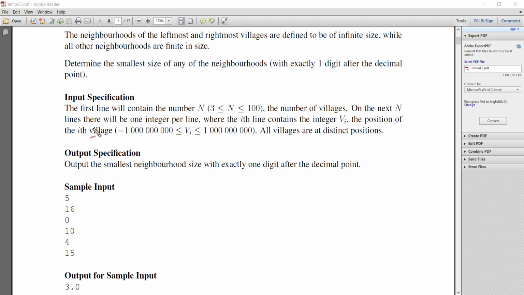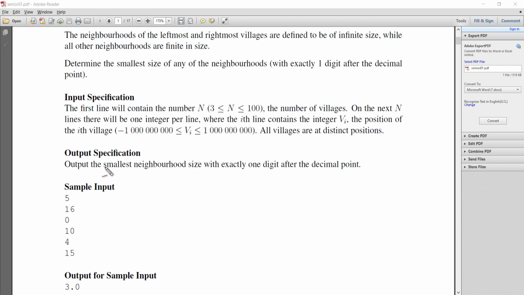On the next n lines, there will be one integer per line, where the ith line contains the integer vi, the position of the ith village, and the scope of this integer is between -1 billion and +1 billion. It's still in the range of a 32-bit integer. All villages are at distinct positions, so there are no duplicate numbers from the input.